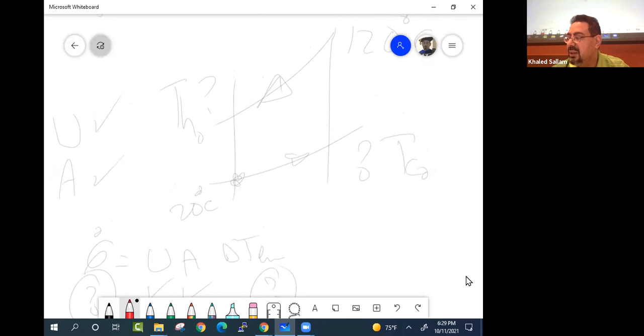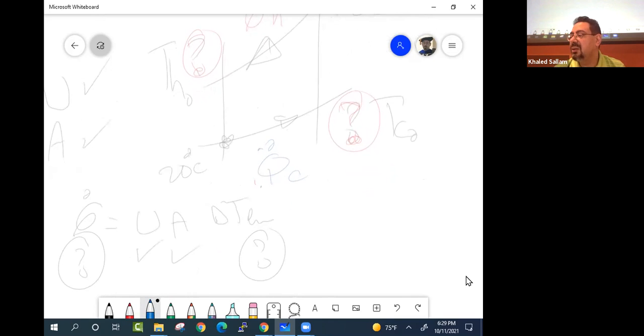Because on this side I don't know this temperature, and on that side I don't know that one. So I don't even know how much is Q dot hot, and I don't know how much is Q dot cold either. Because how can I get my Q dot? I need to say it's m dot Cp delta T. Well, that is not really known.